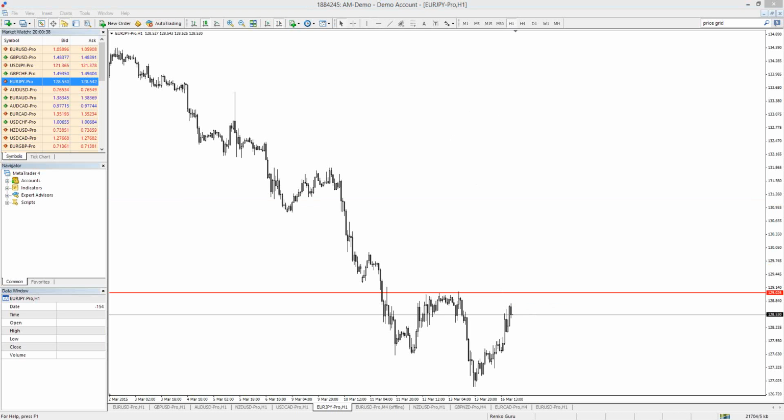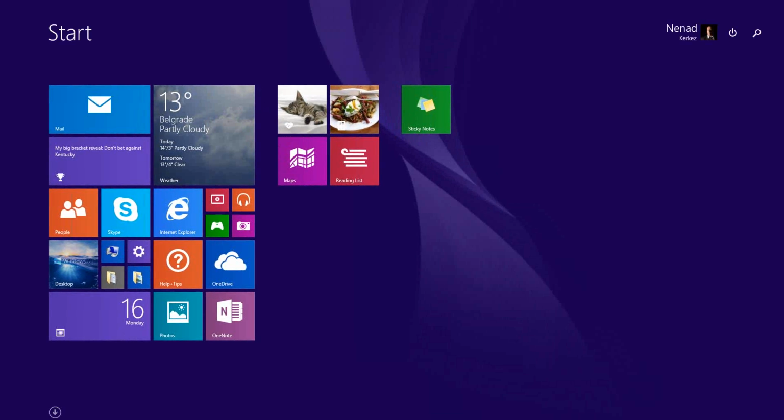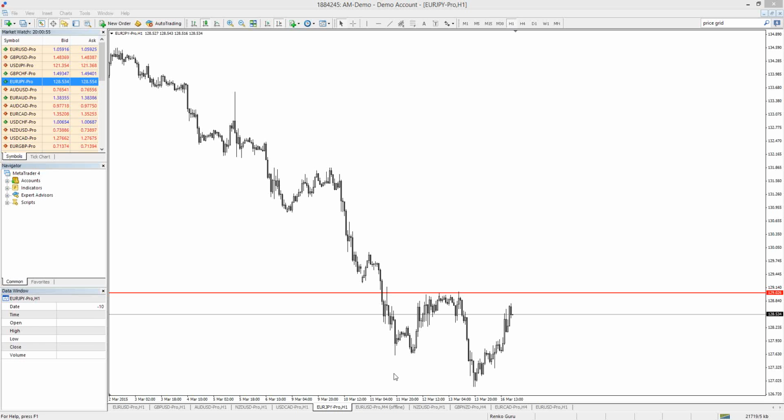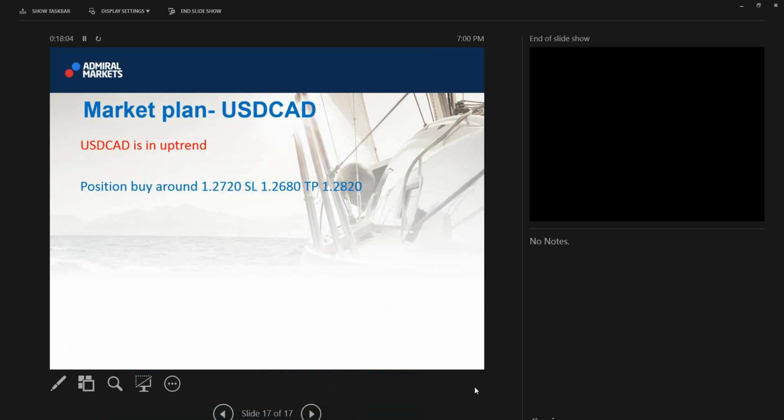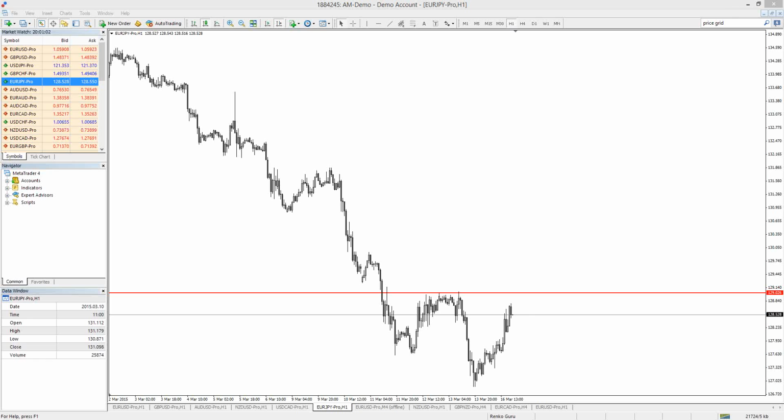Justinas, try to treat that as a scalp trade, and if you manage to switch from a scalp trade to an intraday position, you can be good for a good amount of pips. Yeah, you can try to sell at 129.